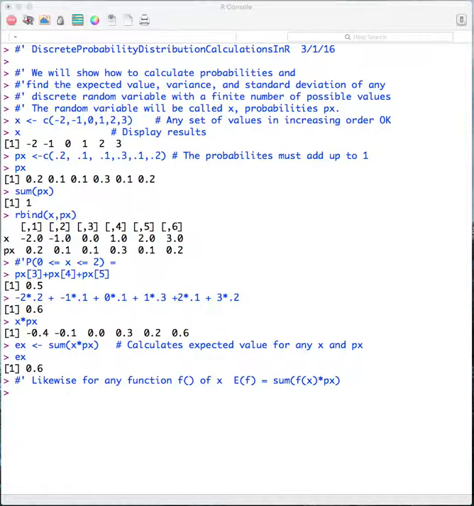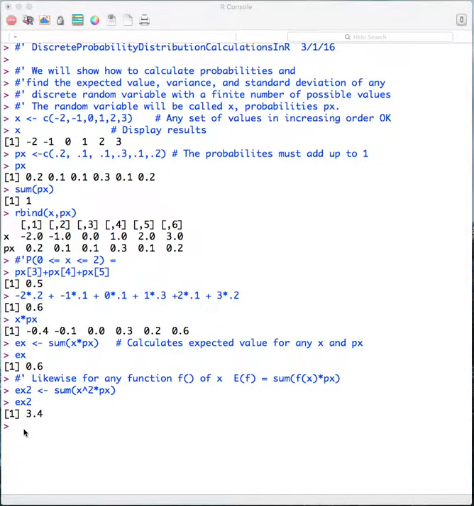So for instance, what if we wanted the expected value of x squared? This f(x) becomes x squared, and we can define this. And now Ex2 is 3.4. That's the expected value of x squared.